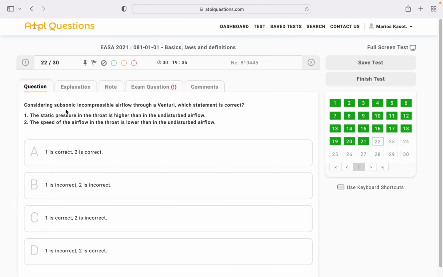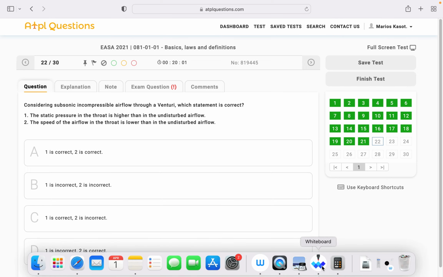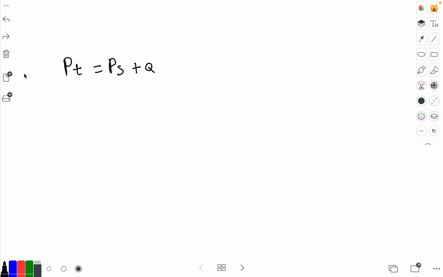Considering some subsonic incompressible airflow through a Venturi, which statement is correct? The static pressure in the throat is higher than in the undisturbed airflow, and the speed of the airflow in the throat is lower than in the undisturbed airflow. Let's draw a Venturi tube again.